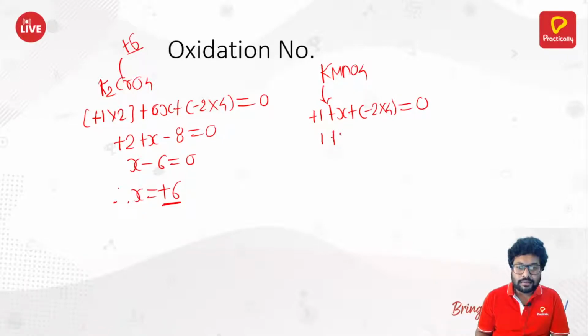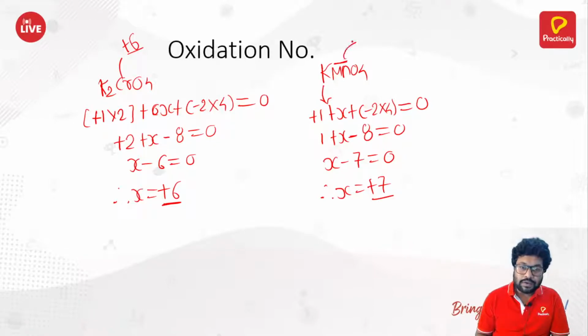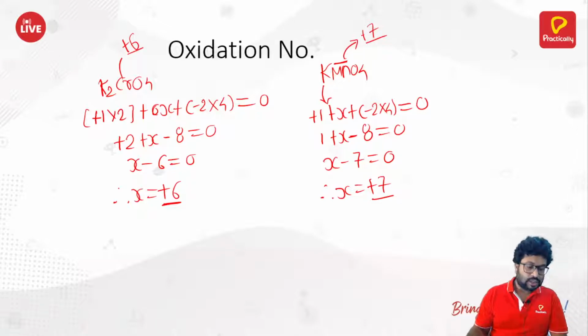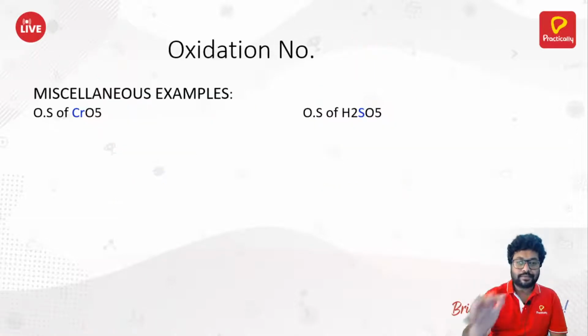So 1 plus X minus 8 is equal to 0. X minus 7 is equal to 0. Therefore, X is equal to plus 7. That is how you can find out the oxidation states. So, moving ahead. Some miscellaneous examples.